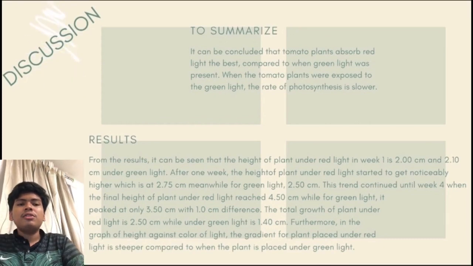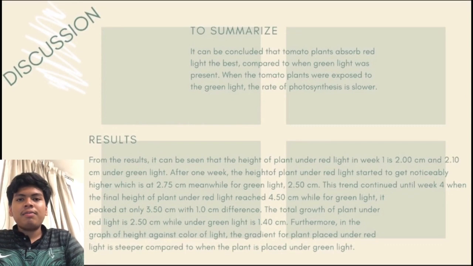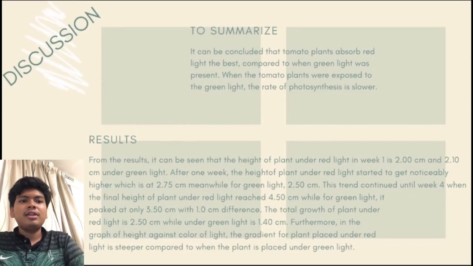For the result of this experiment, it can be seen that the height of plant under red light in week 1 is 2 centimeters and 2.1 centimeters under green light. After 1 week, the height of plant under red light starts to get noticeably higher, which is at 2.75 centimeters. Meanwhile, under green light is 2.5 centimeters.